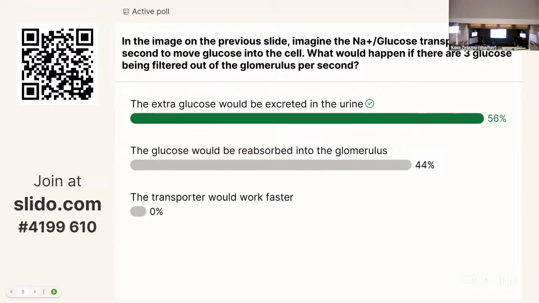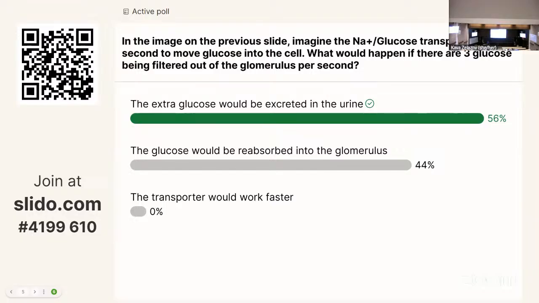The only way you'd be able to move more glucose would be to have more transporters overall. We also looked at that a little bit in A&P1, when we were starting metabolism, when we talked about glucose transporters. But if you don't have enough transporters, they're full. They're doing as much work as they can. This means that glucose just stays in the nephron.